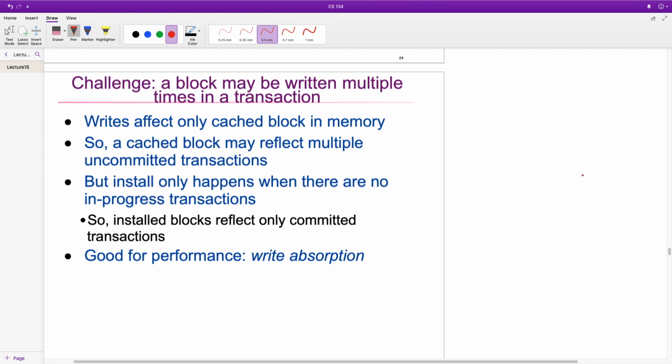And so there might be multiple operations within a single system call, and they all get coalesced together and end up as a single write of that block after all those changes have happened. So that's good. This is what's called write absorption, that we're absorbing these multiple writes, and it turns into just a single write at the end. Does that one make sense? Questions on that?